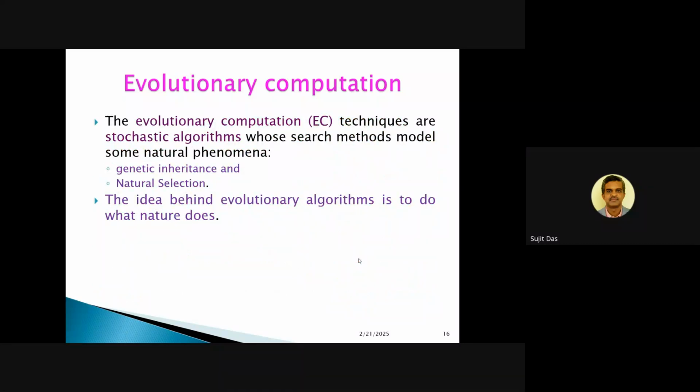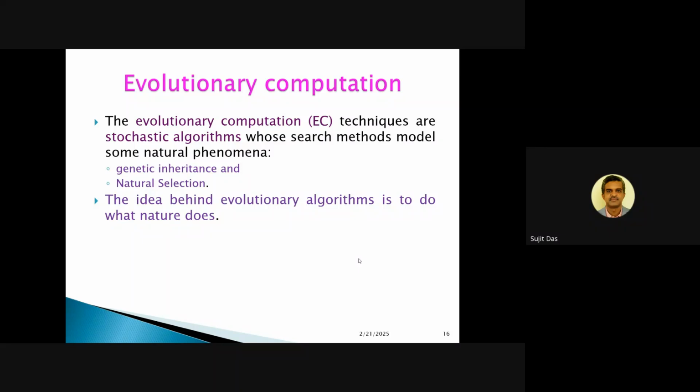So now, this is the main concept. One is natural selection. The second one is genetic inheritance behind this genetic algorithm. What is genetic inheritance? It is telling that if parents are better, their offspring are supposed to be better. Here, what is our concept? Once natural selection has been done, what is there in your pool of solutions?